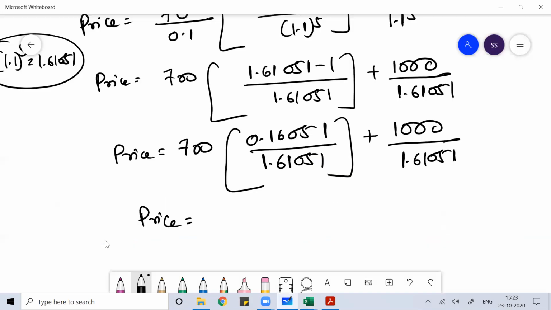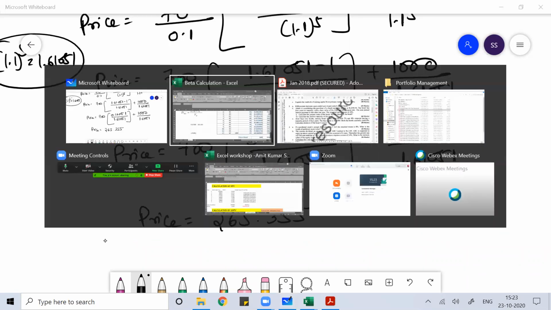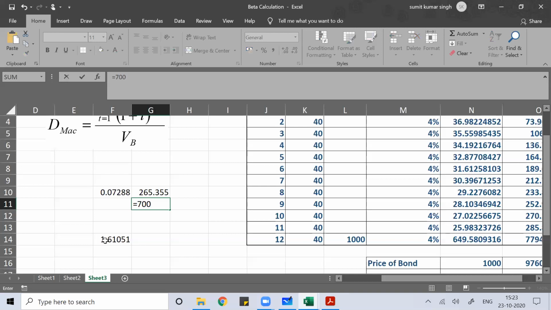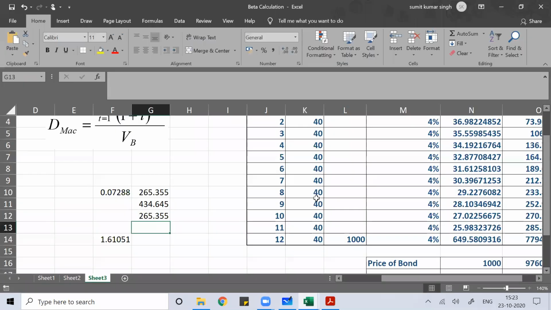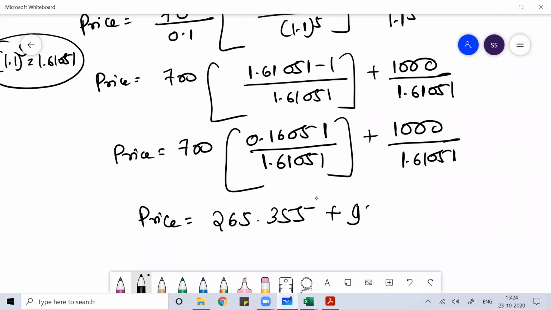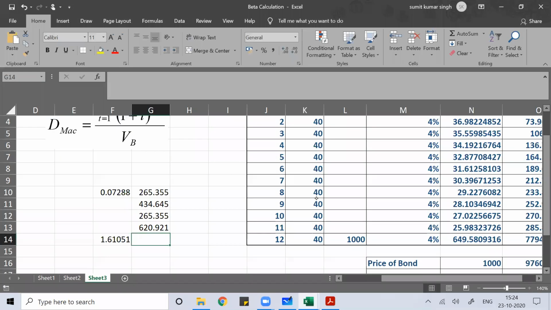It is 265.355. Correct, everyone? Any doubt? So 700 times 0.61051 divided by 1.61051 is 265.355, correct? Plus 1000 divided by 1.61051, which is 620.921.